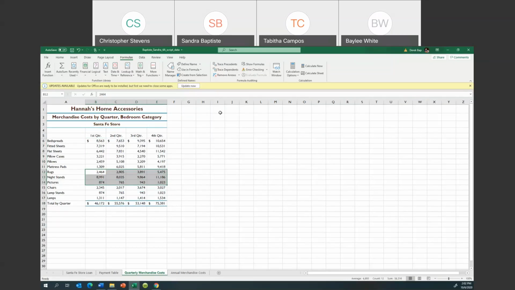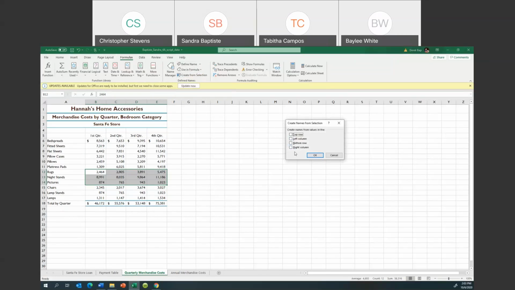I showed you how to do it using the name box earlier. This time, please go to create from selection, under the define names group. Create from selection. Nope, go to create from selection. Yep.